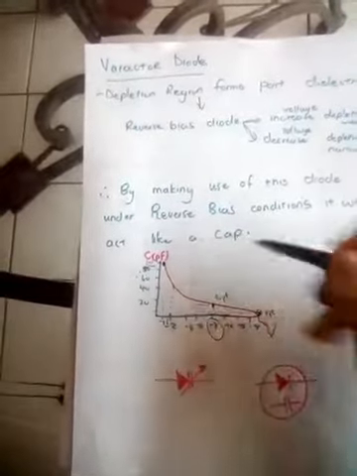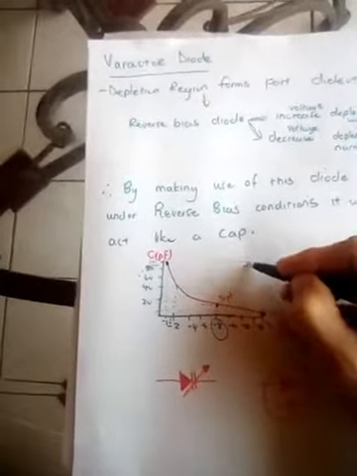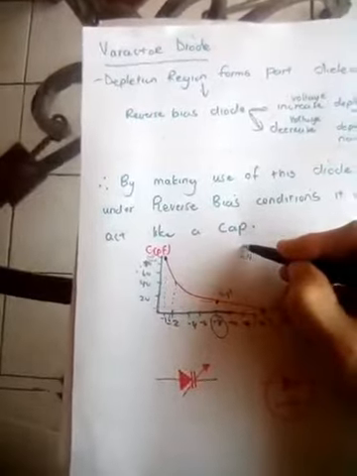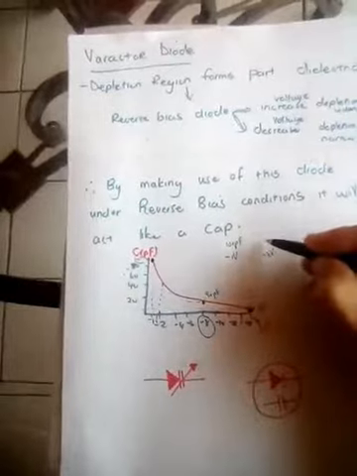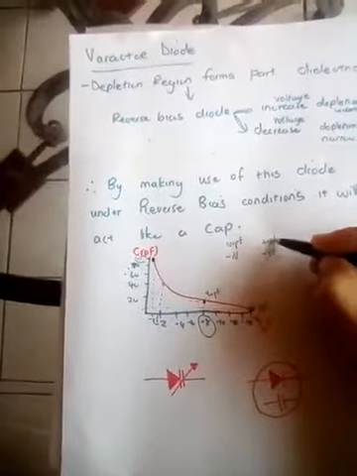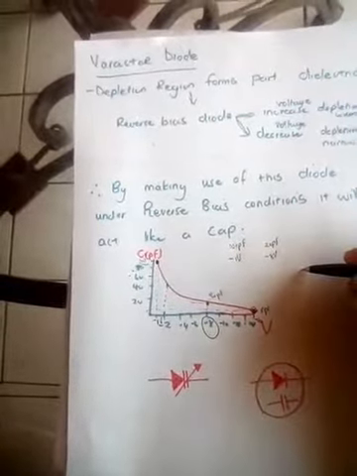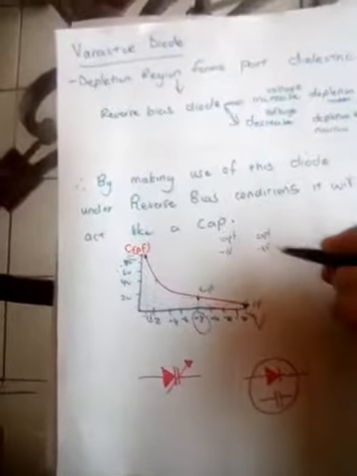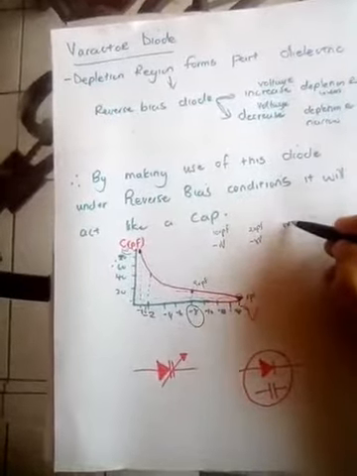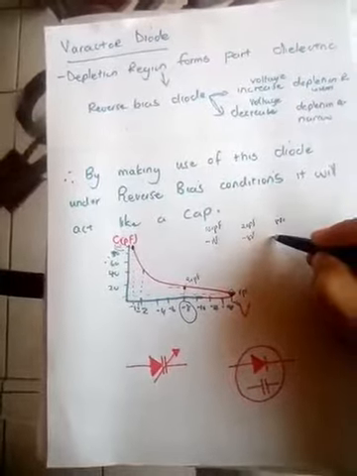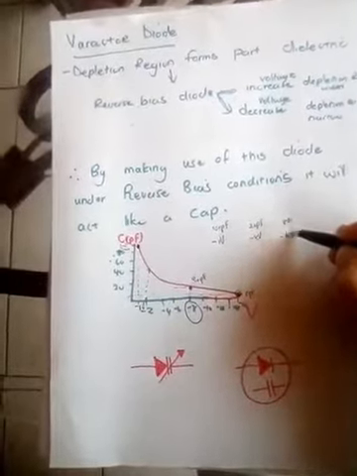So you have -1 volt, then you have 100 picofarad, then you have -8 volts, and you have 20 picofarads, then you have 8 picofarads, and you have -16 volt.